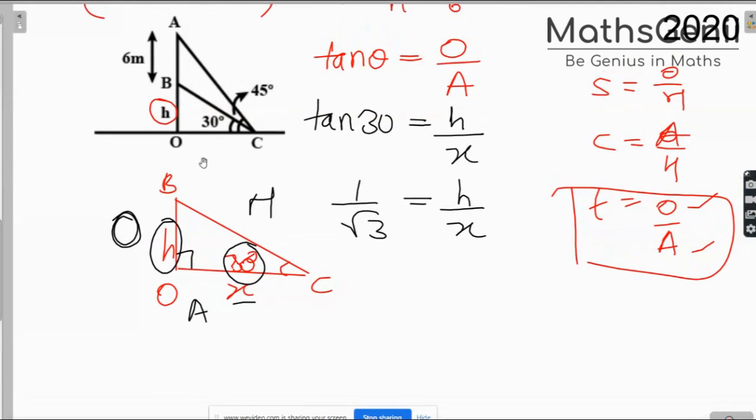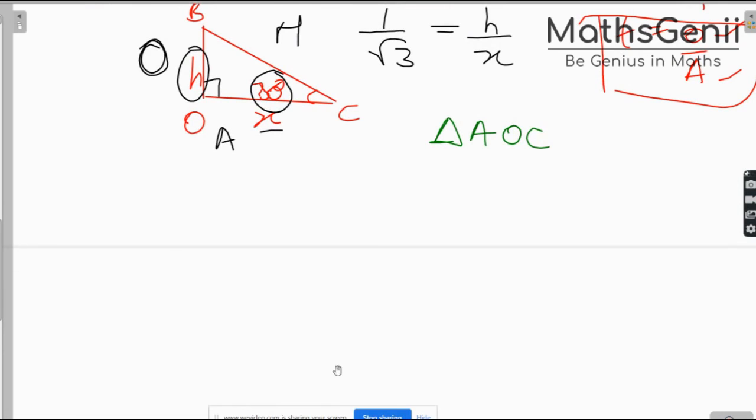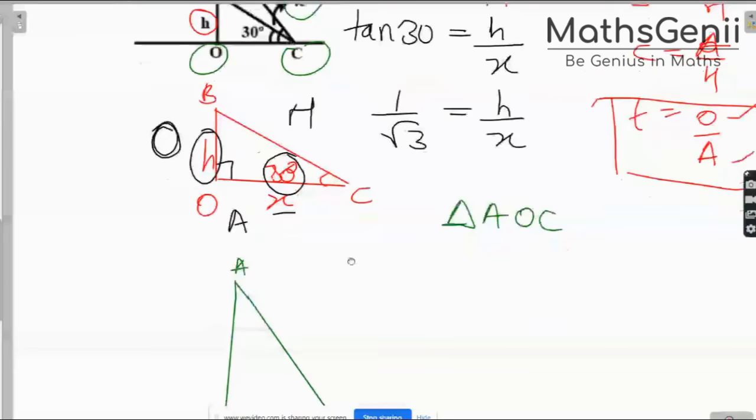Now look at the big triangle. Look at this triangle. AOC. In triangle AOC, 45 degrees there. Let me draw this triangle for you to avoid confusion. AOC is given. Then what is AC? Not given. Okay.